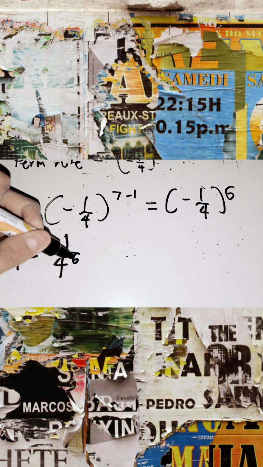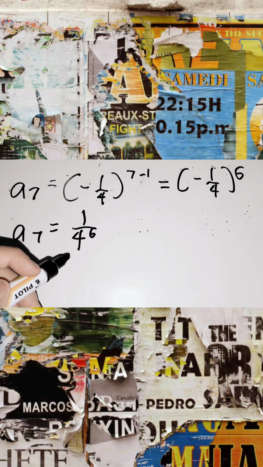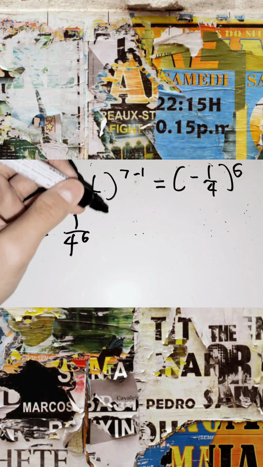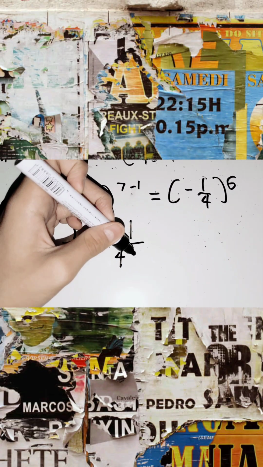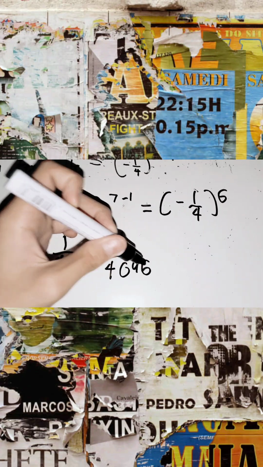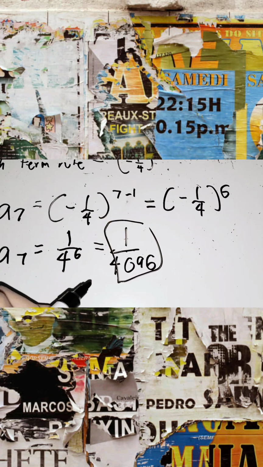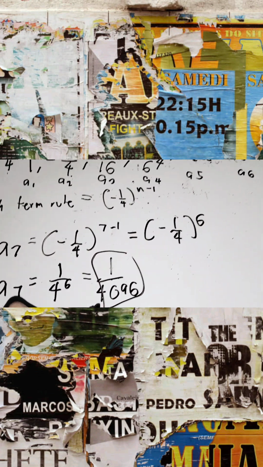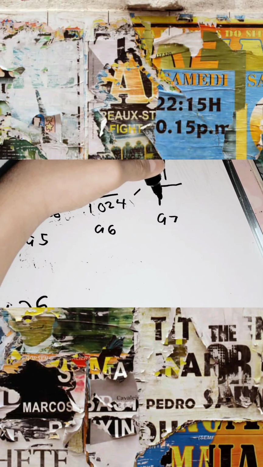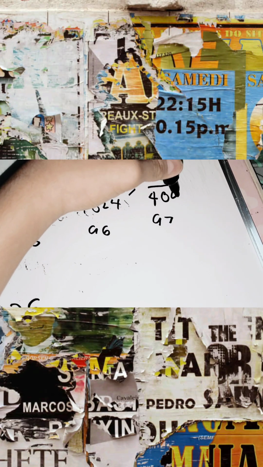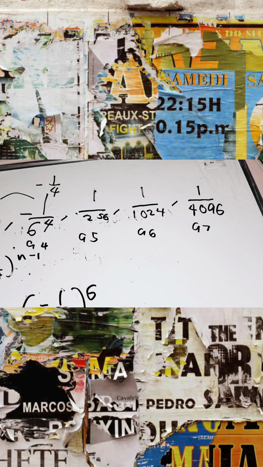So the power is 6. So 4 raised to the power 6 is 4,096. So now we have the seventh term. So we have to write it down. So now we got the last three terms.